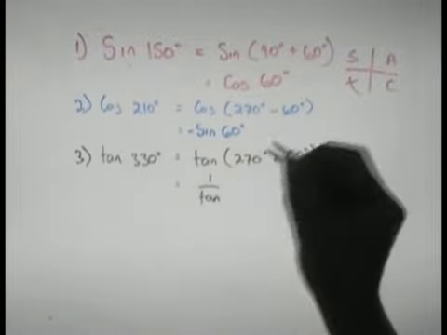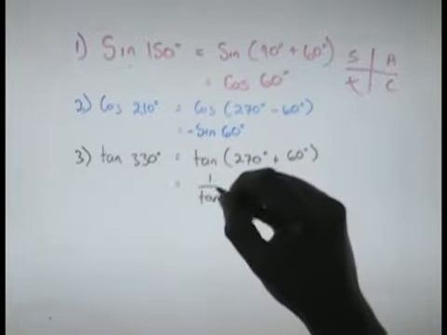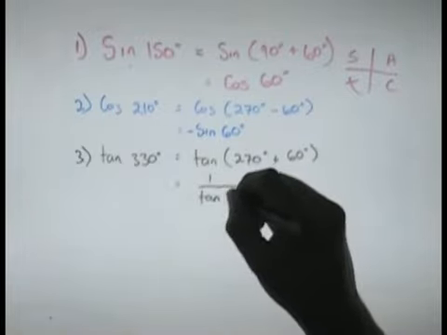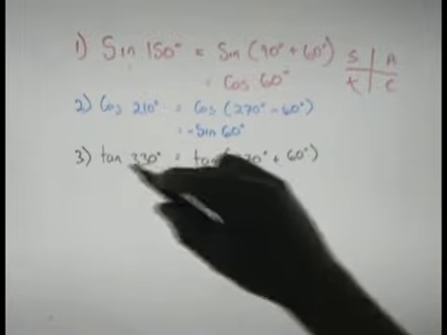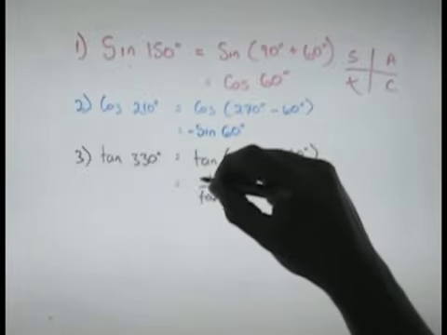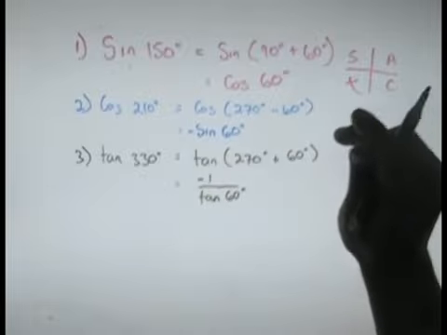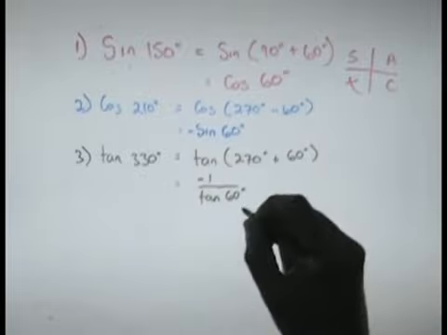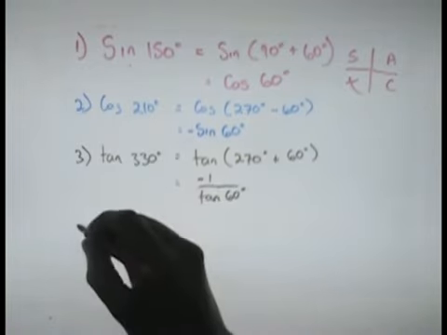Because it's a y reduction, tan goes from tan to being 1 over tan. 1 over tan of 60 degrees, except because it's in quadrant 4, the original function is negative in quadrant 4. That means that our answer will read negative 1 over tan 60. Number 4.